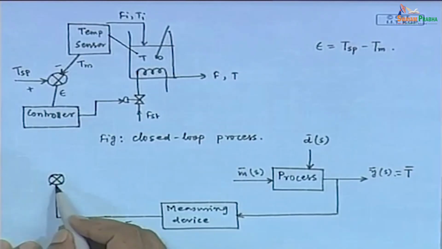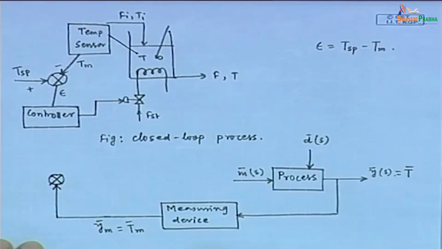this measured signal, measurement signal goes to the comparator and the sign is negative. You just compare the configuration with this block diagram.